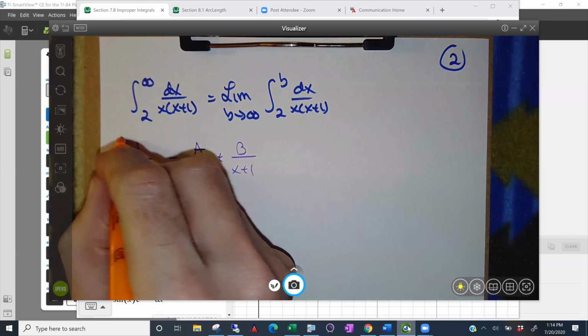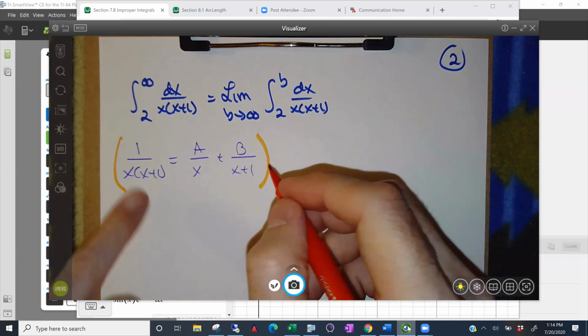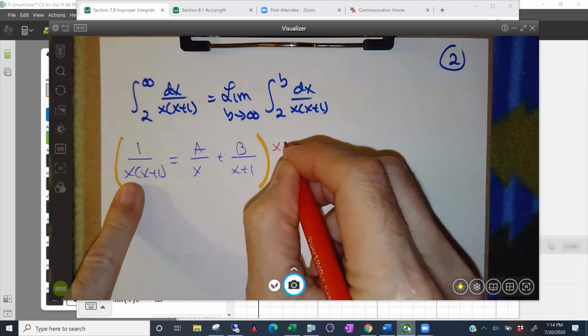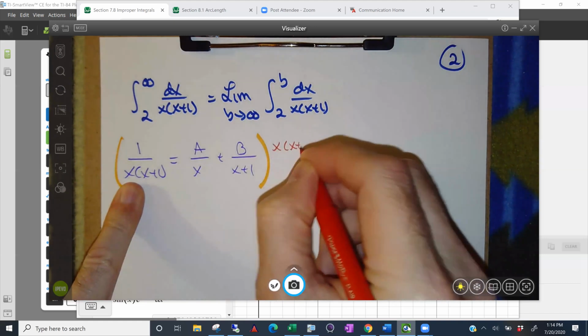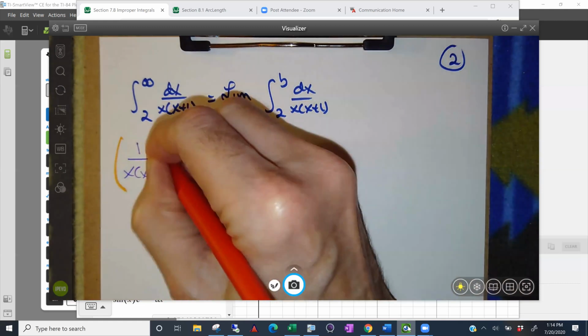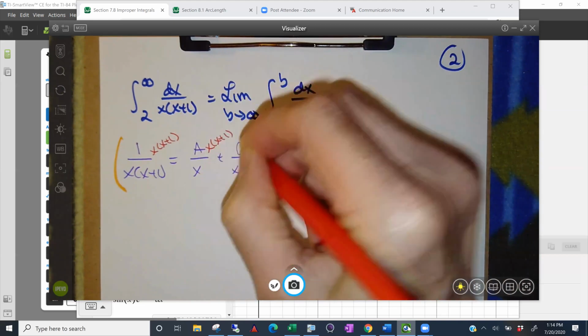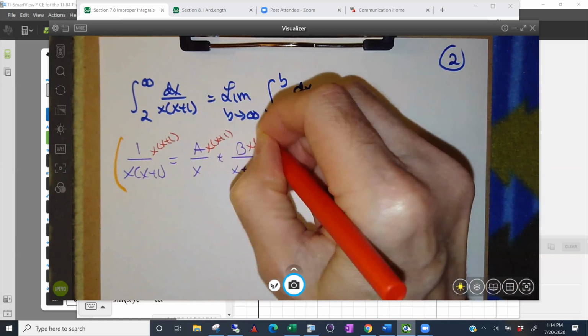So the first step that I'll do is I'll multiply both sides of this by the lowest common denominator, which is x times x plus 1. So that really is going to multiply everything: x times x plus 1, x times x plus 1, x times x plus 1.